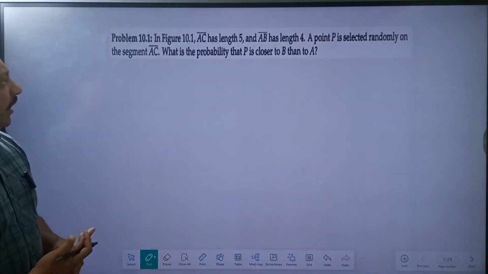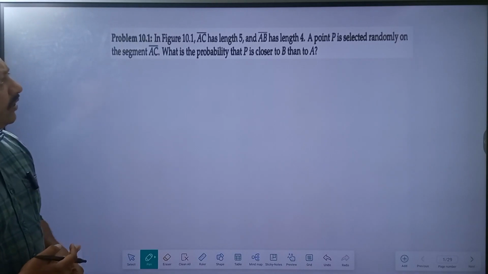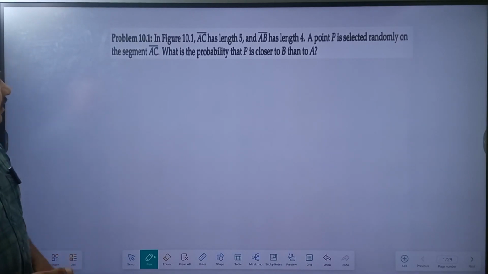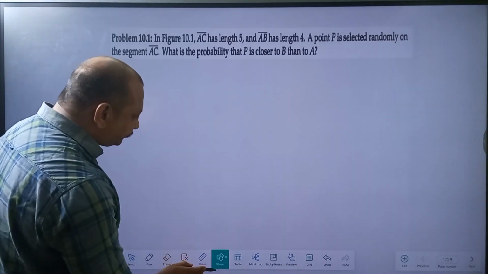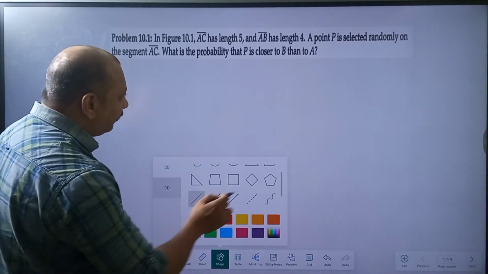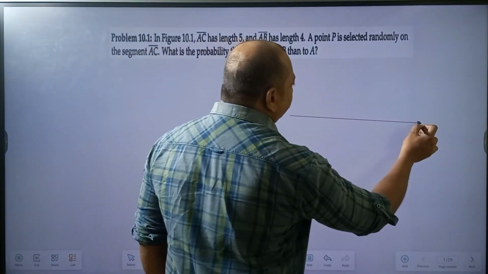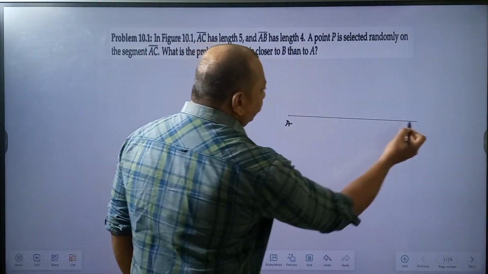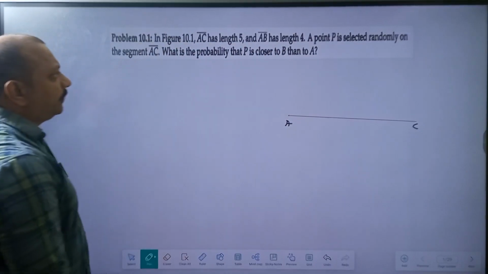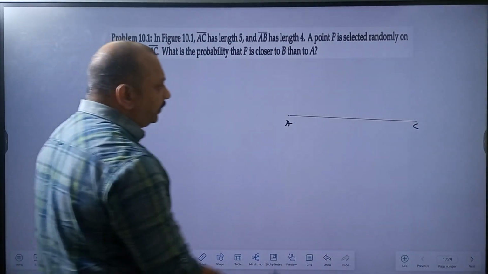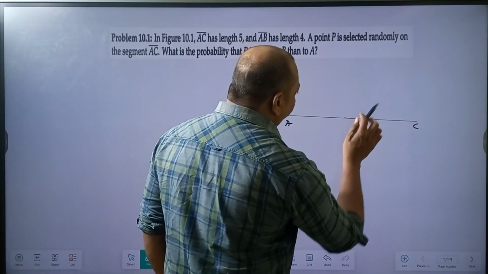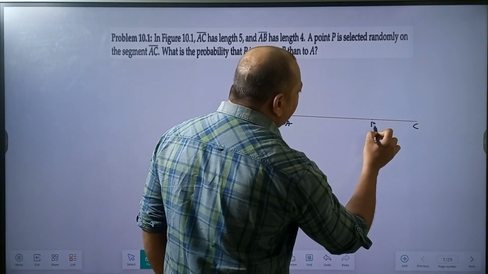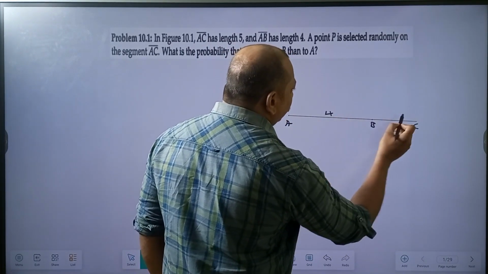Now consider this question. AC has length 5 and AB has length 4. A point P is selected randomly on the segment AC. The length of AC is 5 units, and the point B is somewhere on this AC, with AB of length 4 units.